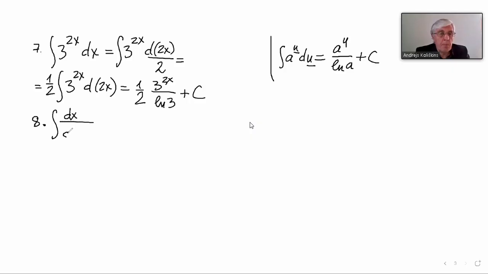So one more exercise, integrate cosine 5x. Again, in the table, you have integral of cosine u, which is equal to sine u plus c. But again, this formula can be used if and only if these arguments are the same. In our case, we do not have the same argument. So we don't have this factor 5, but we multiply and divide by 5, and this is the solution.